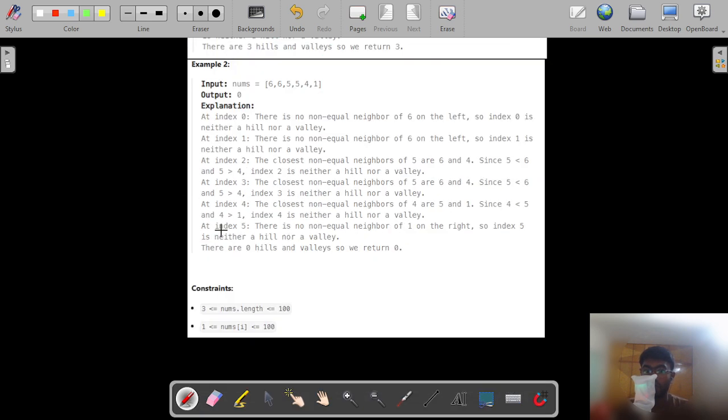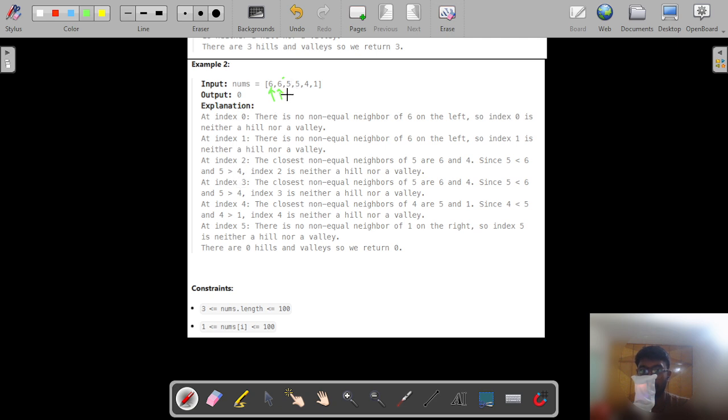And in this example, index 0 has no neighbors. This cannot be constituted, since there is no non-equal neighbor on the left, so we are ignoring this index. Coming to index 1, it is neither a hill nor a valley, since both the values 6 and 6 are equal.